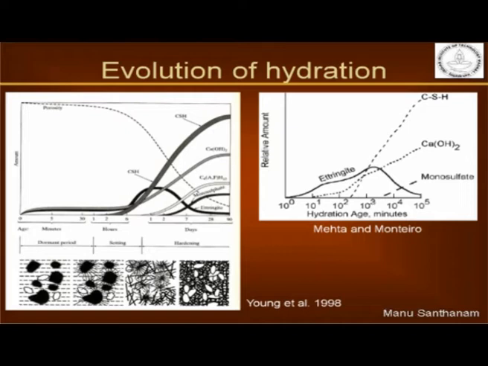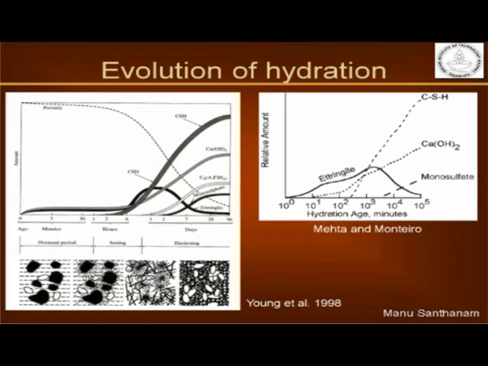Your CSH starts developing. You see here, this is marked by an increase in the quantity of CSH. The top graph shows that in the initial stages you are only forming some ettringite and calcium hydroxide, but later you start forming CSH, and when you create a network of hydrated products, that's when you have your setting. For years you have been doing the Vicat test for setting, and the Vicat test is an arbitrary test which looks at needle penetration.